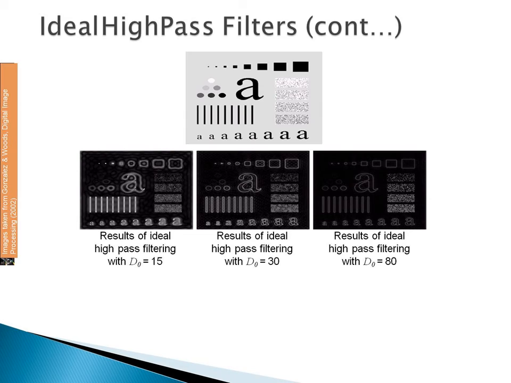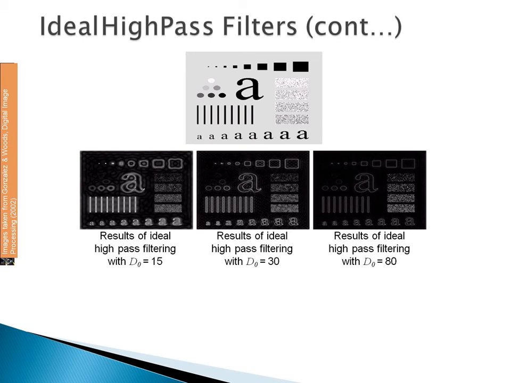The ideal high pass filter is the opposite of the ideal low pass filter that we studied previously. That means here we set to 0 all the frequencies inside the circle of radius D0, while passing without any attenuation all the frequencies outside the circle.